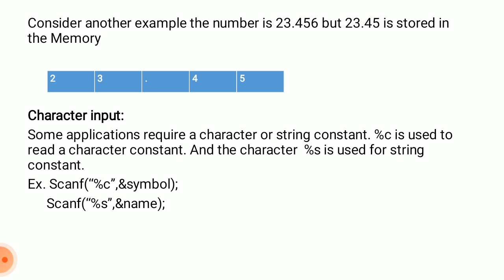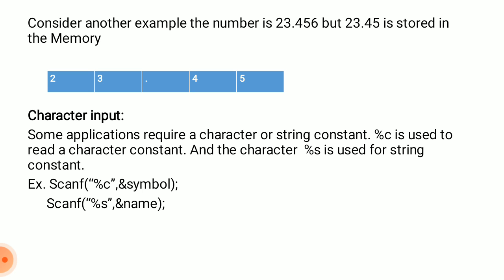It will not store the 6 in the memory location, because the specified field width is only 5. So with right justification, 5, 4, decimal point, 3, 2: only these 5 characters are stored in the memory location. That is floating point.